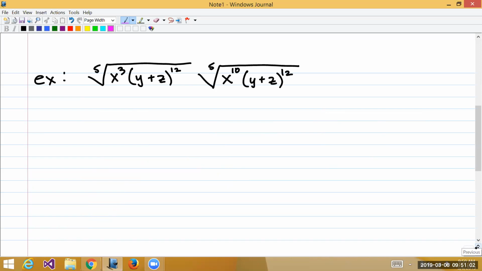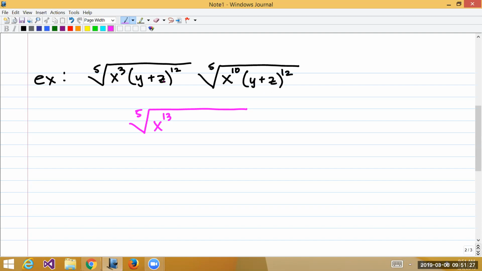Okay, let's do this one. Same thing. We have an index of 5 and an index of 5, so we can multiply the insides together. So x cubed times x to the 10 is x to the 13, using our exponent laws. And then there's no need to open this up. If you open this up, it'll take you a very, very long time to actually write this.